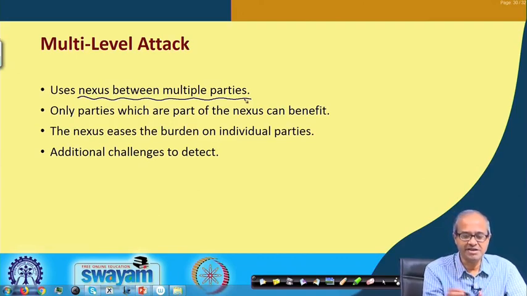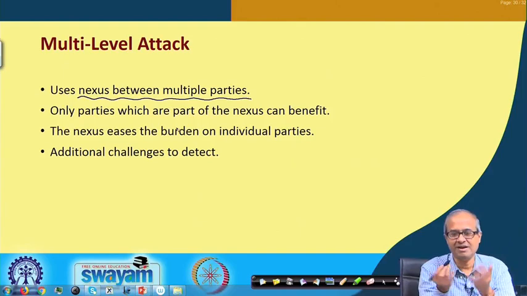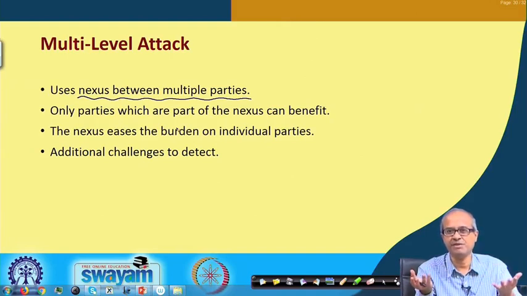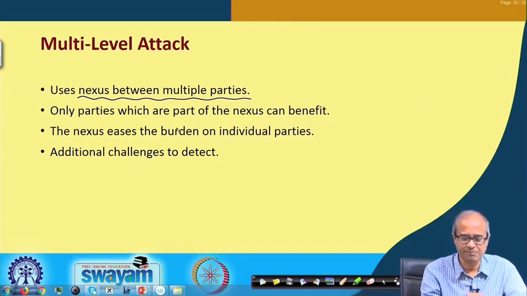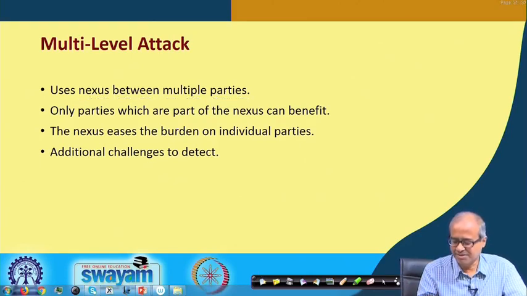Well, the idea is that only the parties which are in nexus, they will benefit out of this thing, because the product that is developed should be some kind of a security product. So, if they can break it, there will be some benefit, maybe monetary benefit or otherwise, we do not know. Let us try to understand what we mean by this. So, I am showing a diagram.